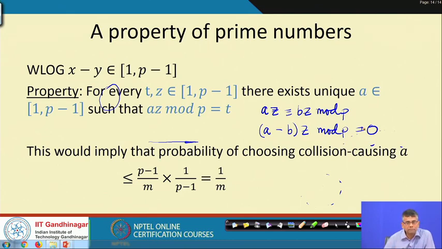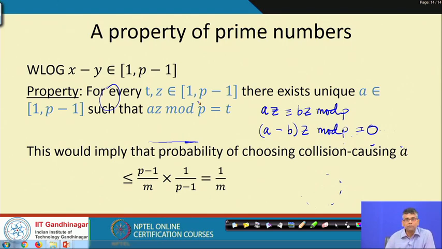But how can that happen? P is a prime number. So therefore, the product of them cannot have mod p equal to 0 unless a equals b. So therefore, there exists a unique A that satisfies az mod p equal to t for all z and t in the range from 1 to p minus 1.